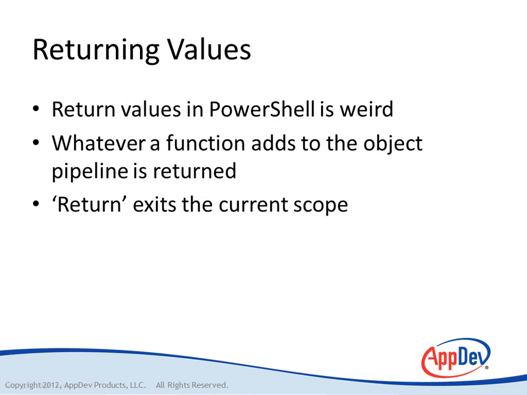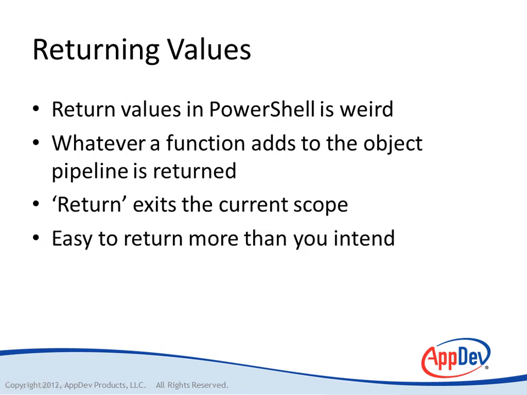So the return keyword, all it does is exit the current scope. And if the return keyword is followed by something, then it adds that thing to the pipeline and then exits the current scope. And so as a result of this, it's really easy to return more than what you intend to return. Right? So let me show you what I'm talking about. This will make a lot more sense. So this is a really easy bug to create, so pay close attention.